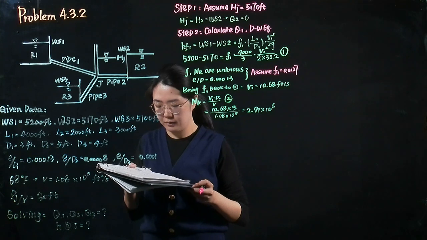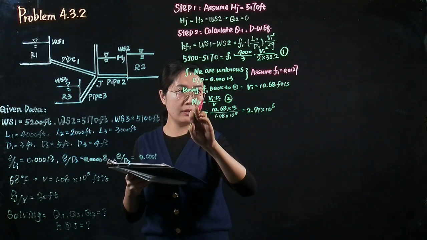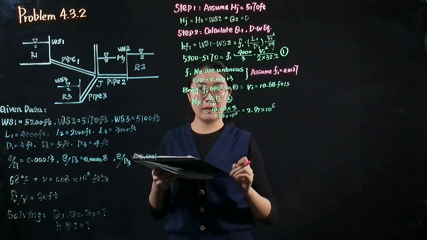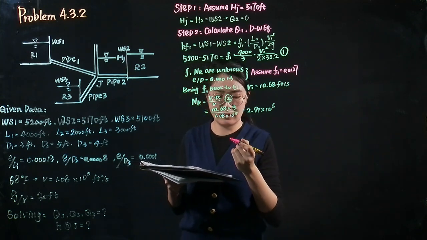So right now we have the value of the Reynolds number and the friction and also the relative roughness.